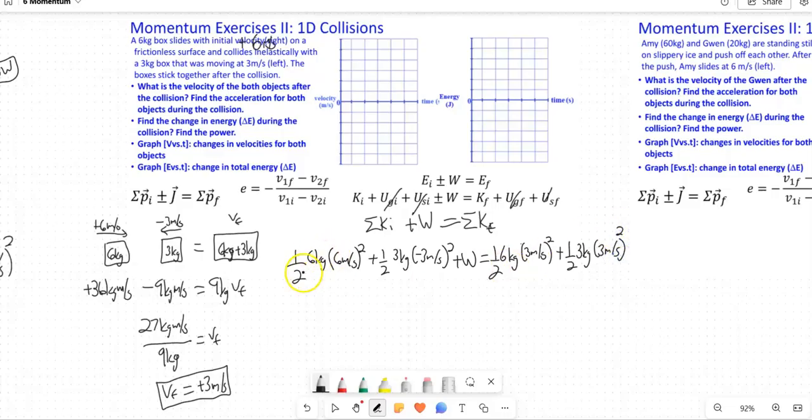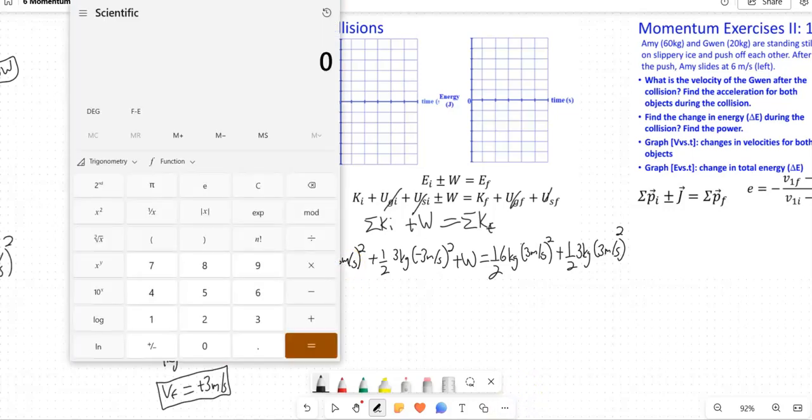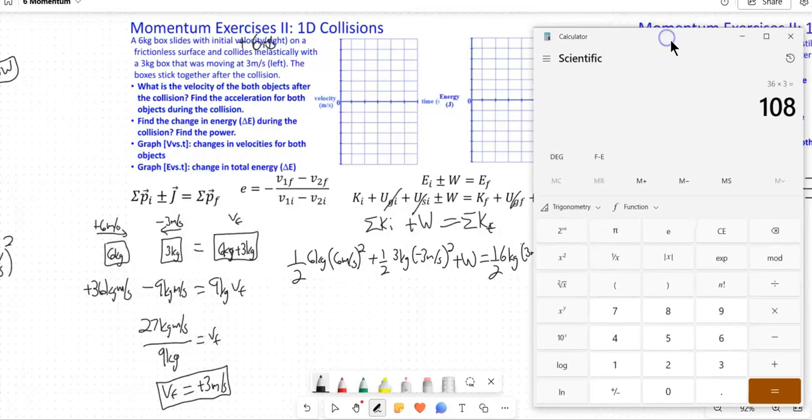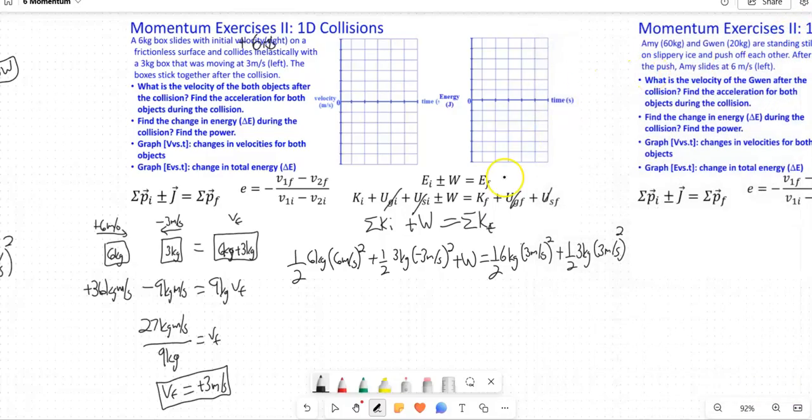All right. So this is going to be 36 times 3. 36 times 3, 108. And this is going to be 9 times 3 divided by 2. So I'm going to do that next. So this is 108 joules.